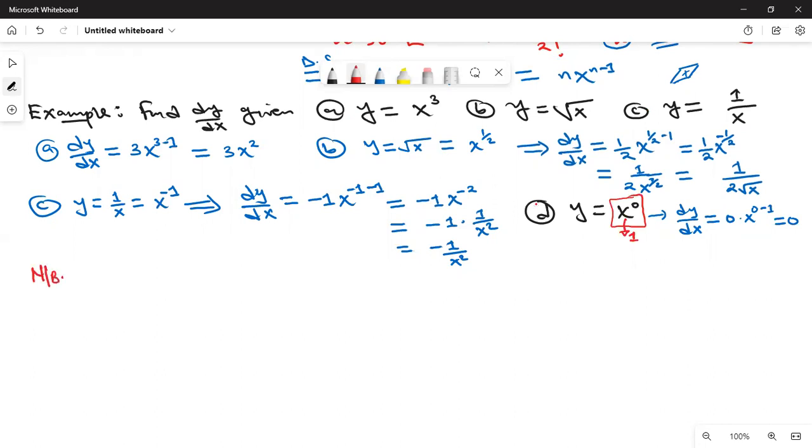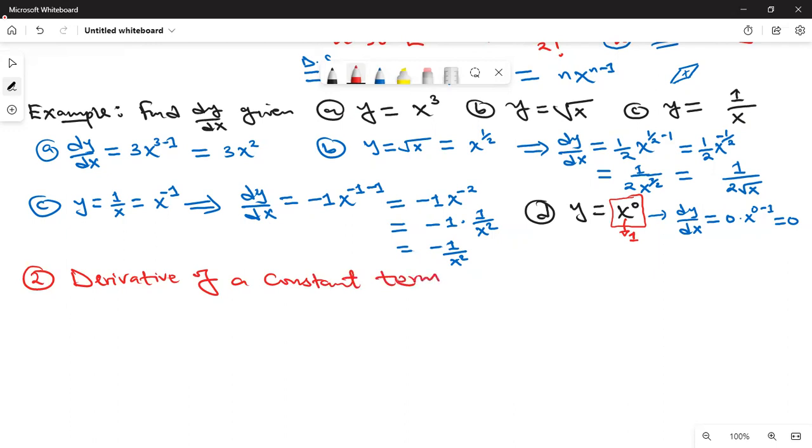Note. So the derivative of a constant, or let it not be a note, let it be number 2. The second rule is the derivative of a constant term.